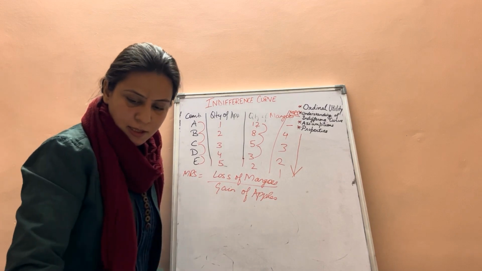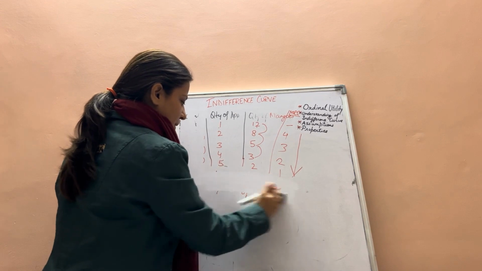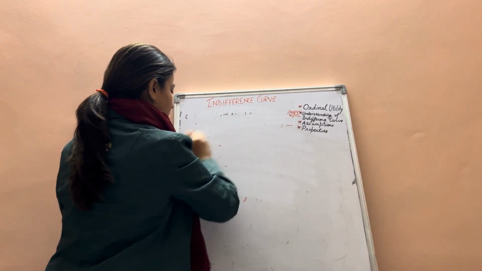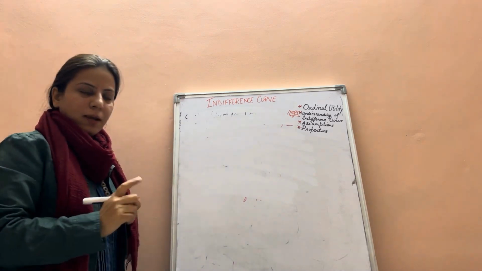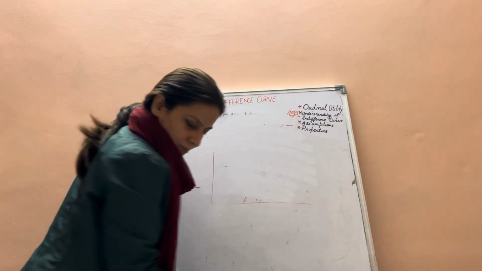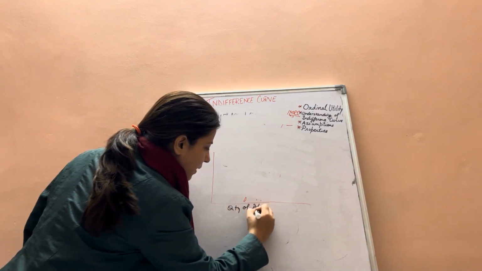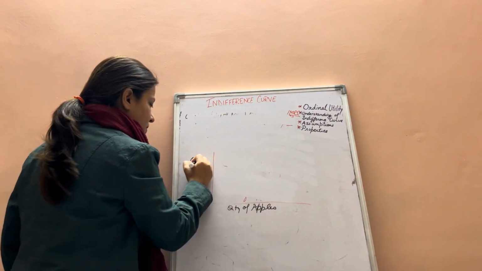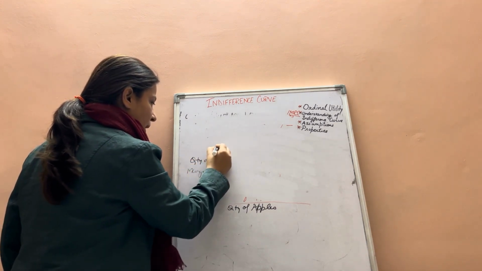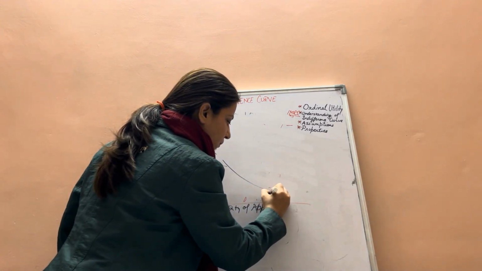Okay, let's see this with the help of graphical representation. That is what we call indifference curve. So here we'll take quantity of apples on x-axis and quantity of mangoes on y-axis, and we get a downward sloping indifference curve.